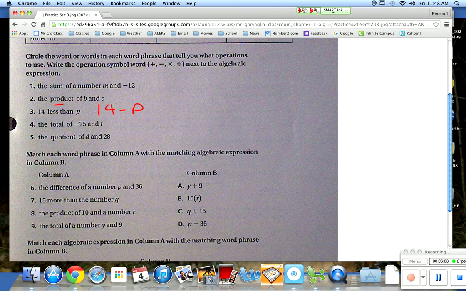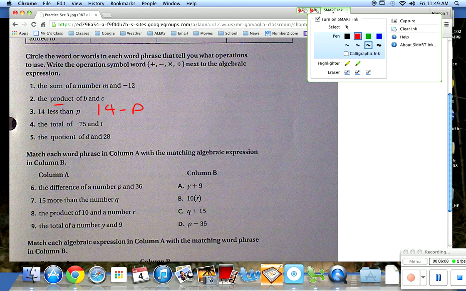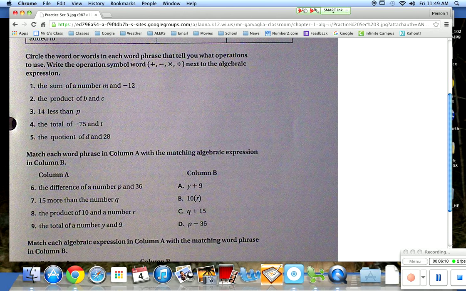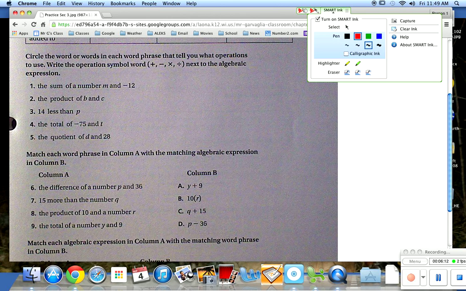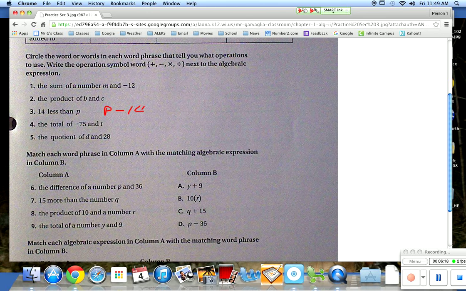Oh, yes. It's 50. You're right. Yep, I'm writing it wrong. You guys are right. I like using my fingers. So it would be P in this case, and this one always goofs me up when I read it. 14 less than P. So we're starting at P and we're going back 14.